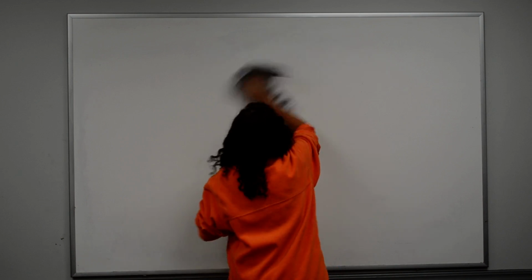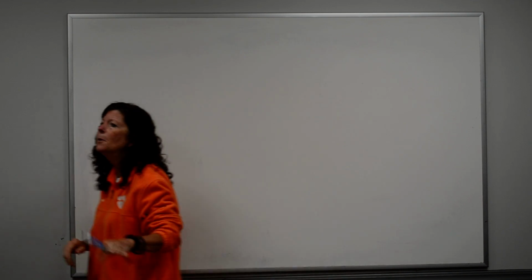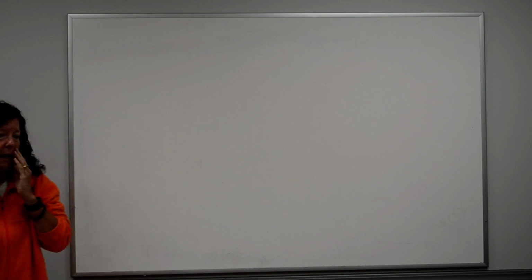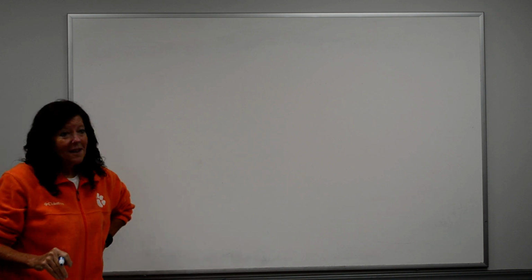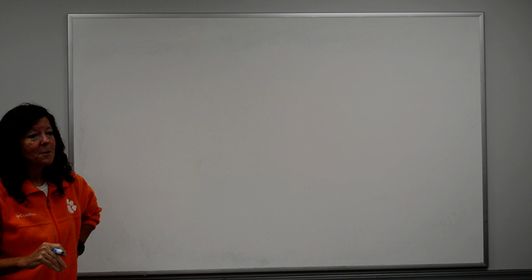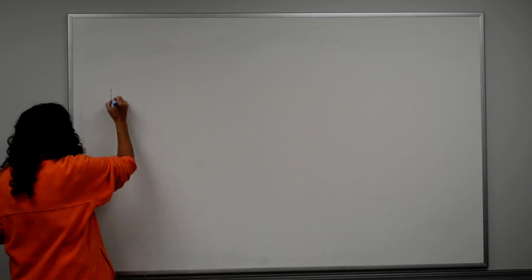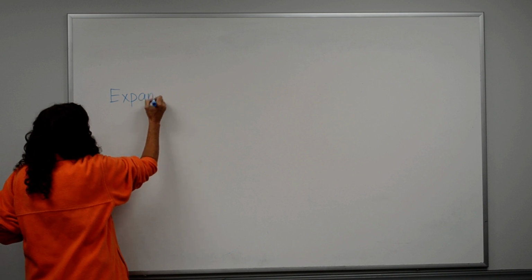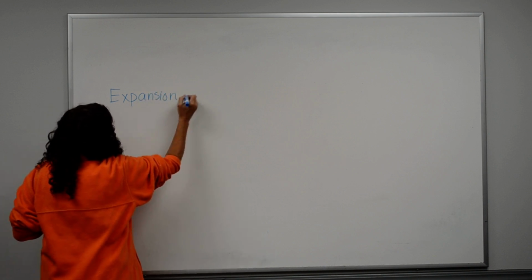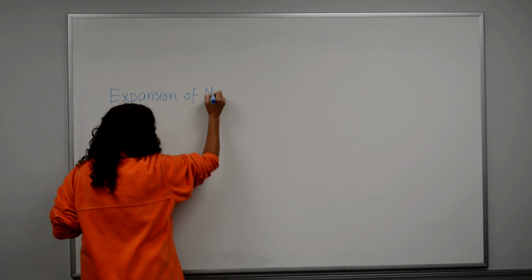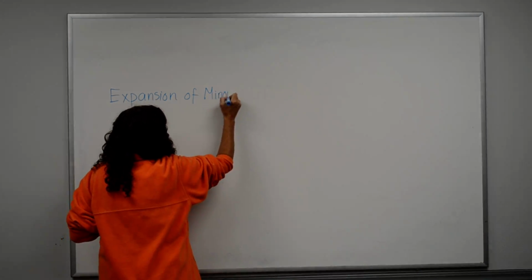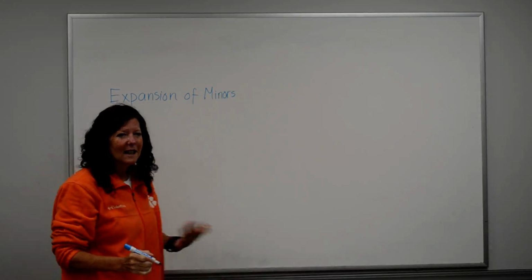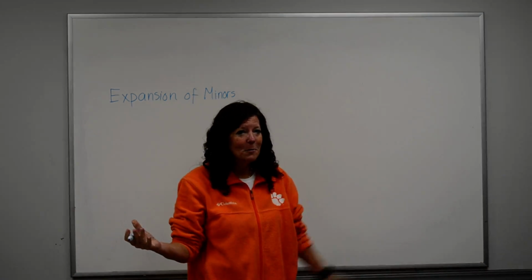There are 2 different ways to do the third order. The book teaches you one way. We emphasized the other way when we learned it in Algebra 2. I don't know why the book only teaches this: expansion of minors. Okay? When we talked about that, I told you it reminded me of a baseball team for some reason.